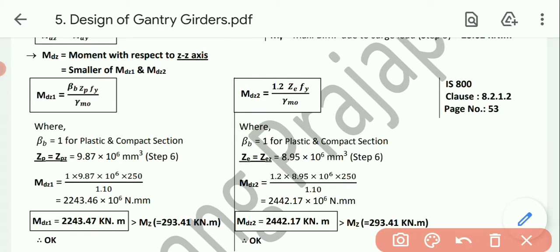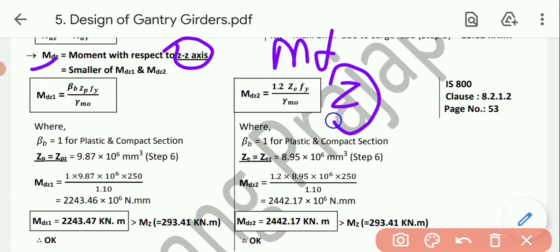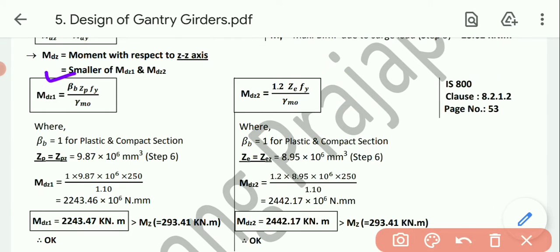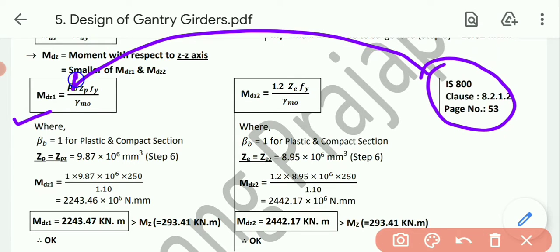Mdz means moment with respect to zz axis, so we can say it is the smaller of Mdz1 and Mdz2. Mdz1 is the formula as shown in clause number 53, beta b Zp fy by gamma m0, and Mdz2, same clause for the simply supported beam, Mdz2 equals 1.2 Ze fy by gamma m0.